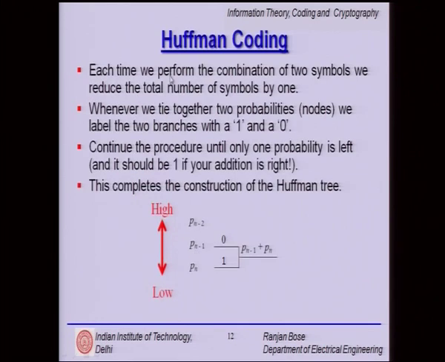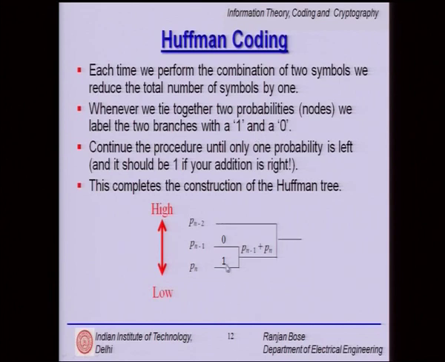Each time we combine two symbols, we reduce the total number of symbols by 1. So, at every step we lose one symbol, and finally we end up with one symbol, which has the probabilities of all the symbols added up, and it should add up to 1 because the probabilities must add up to 1.